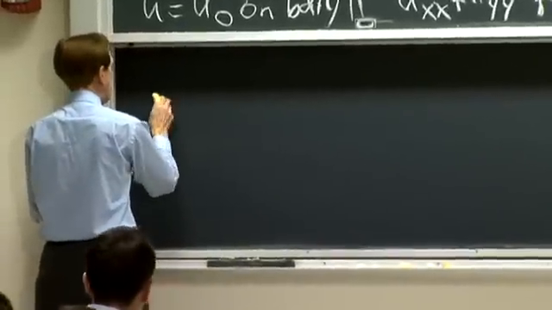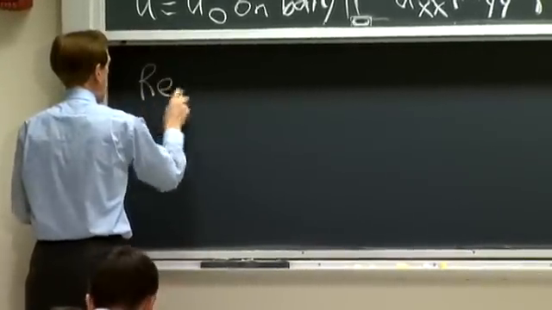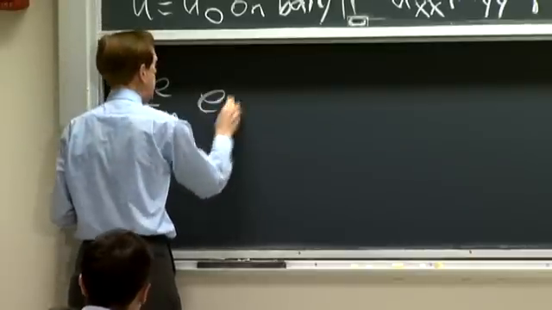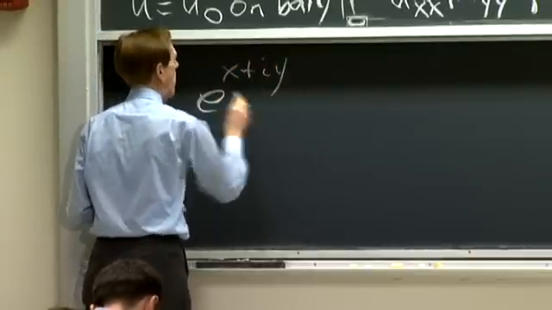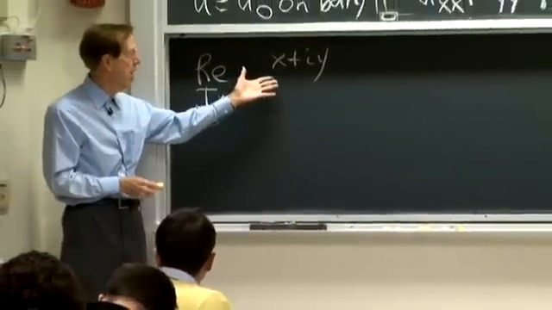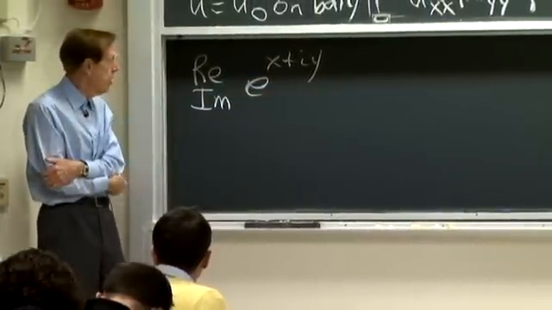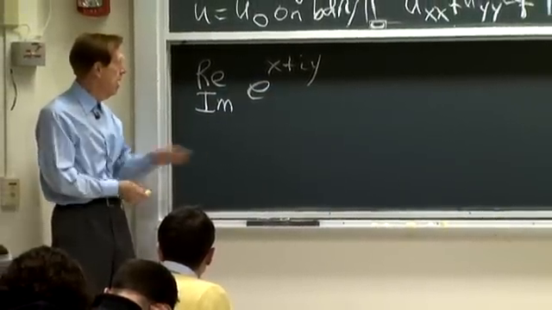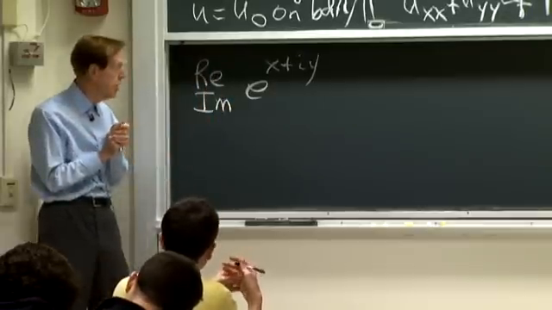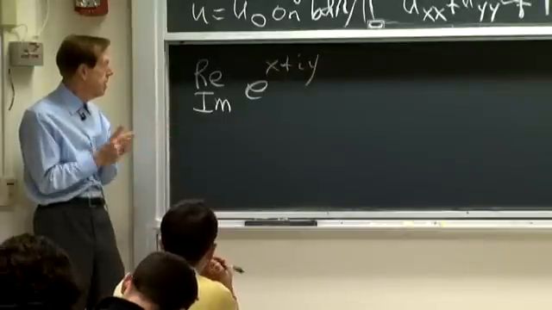Let me take e to the x plus iy. It's a function of x plus iy, an extremely nice function, and we can figure out its real and imaginary parts, and we get two solutions to Laplace's equation.